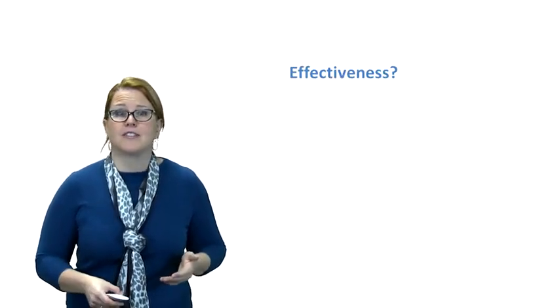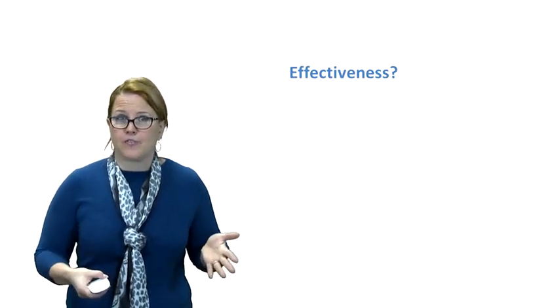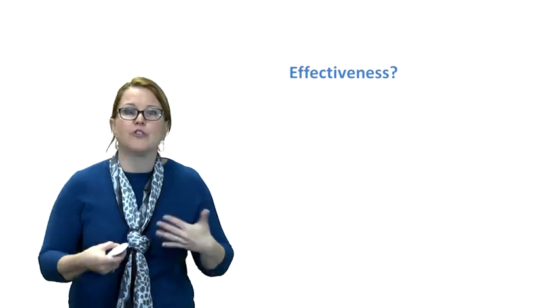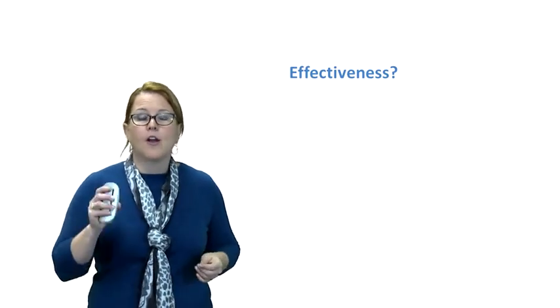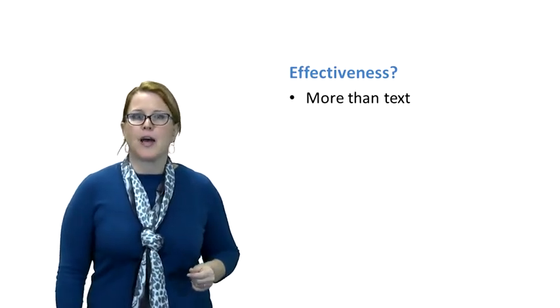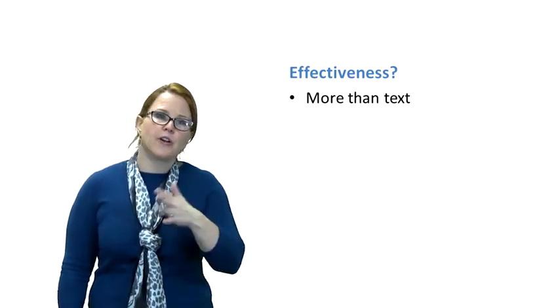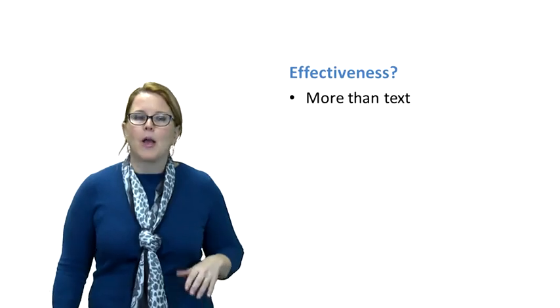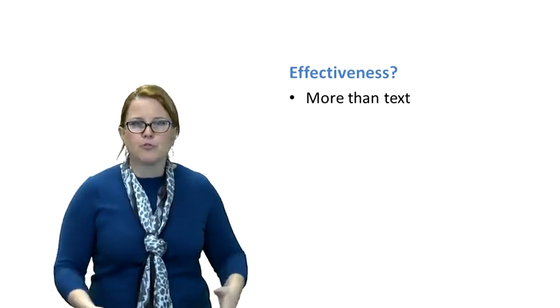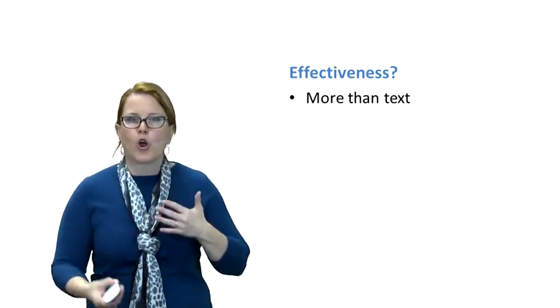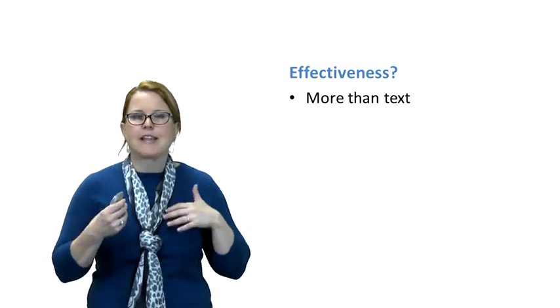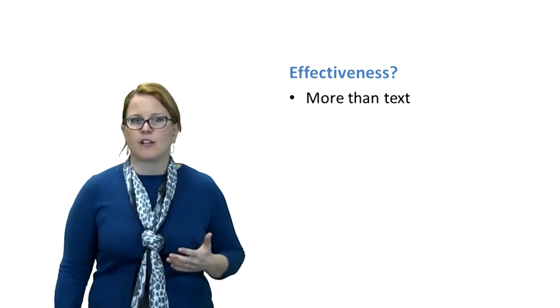Now, how about effectiveness? How can you be most effective in utilizing these social technologies? First and foremost, I encourage you to use them for more than just text. Now in Twitter, it's text, and we'll talk about that. But where you can bring in visual, video, photos, it can be enriching, it's a better use of a social technology.